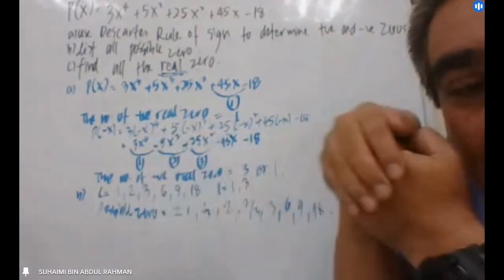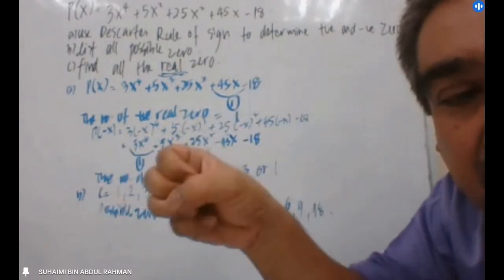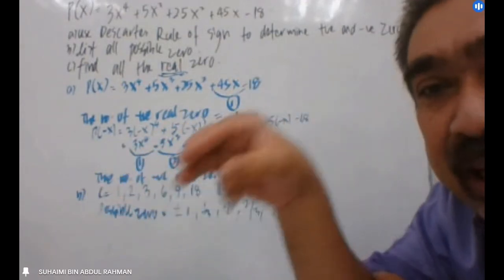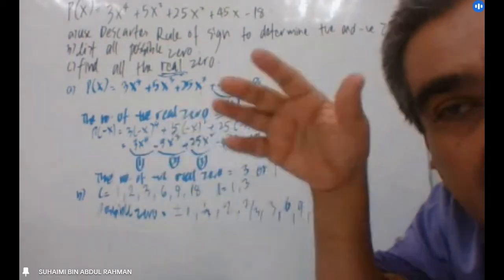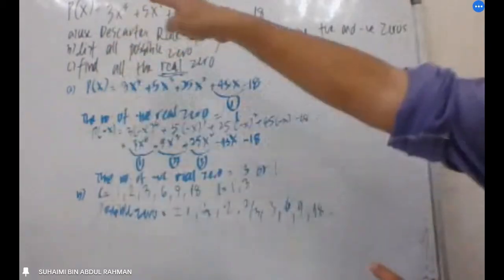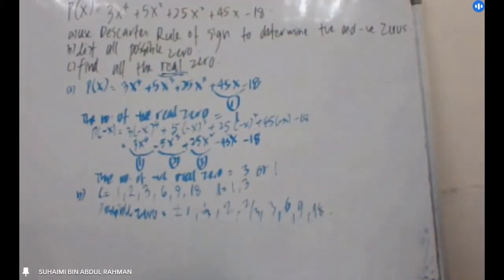When I wrote it in factored form, we can see clearly what our zeros are. Now, this polynomial, we want to write in factored form as well.